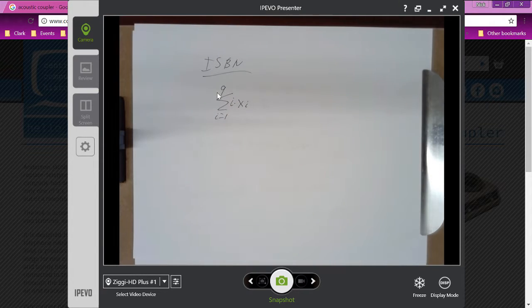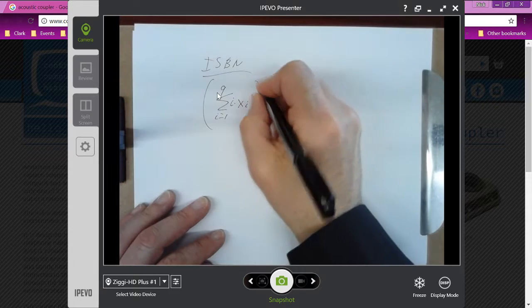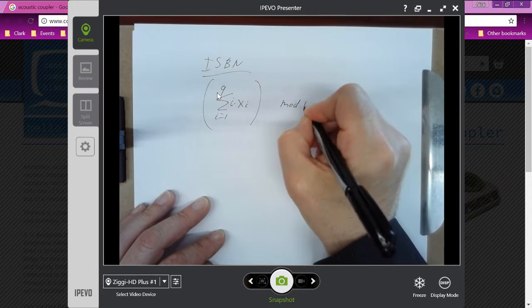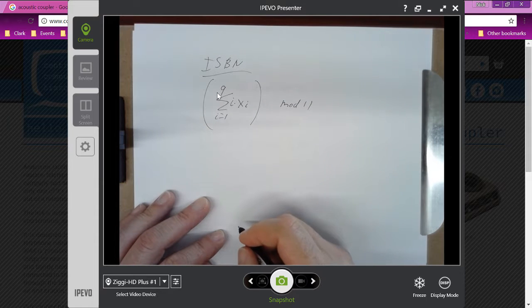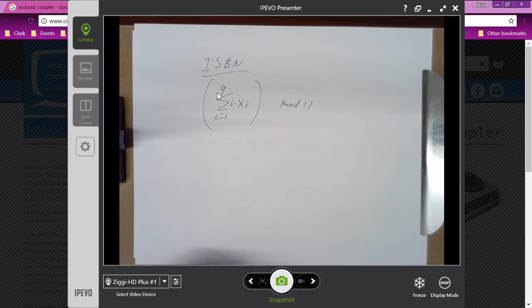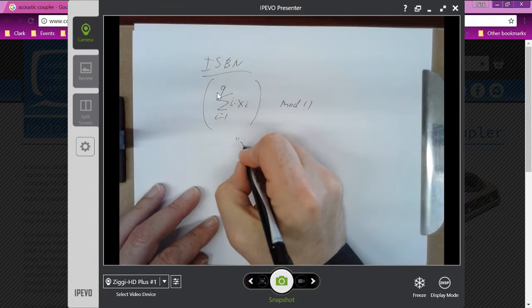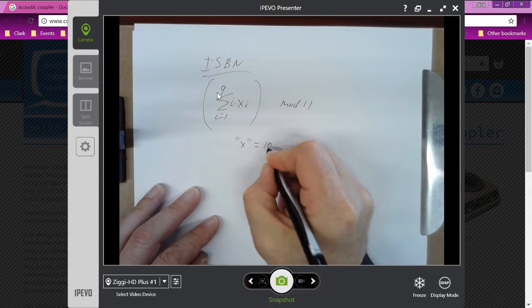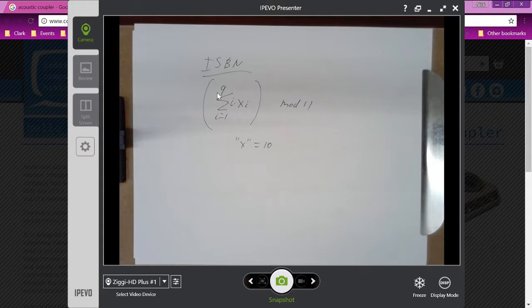So it's a weighted sum where the weight is given by the position in the number, and you reduce this modulo 11. And so there are 11 symbols you can use: you can use an X, which has the value of 10. And this will pick up incorrect digits, and I think it'll pick up all transpositions of digits.